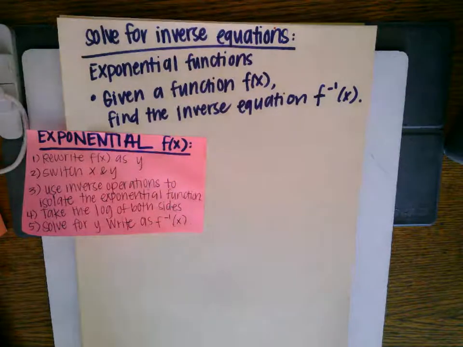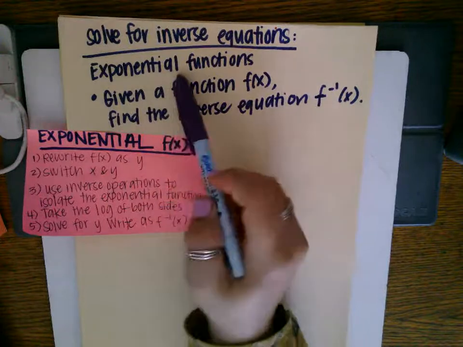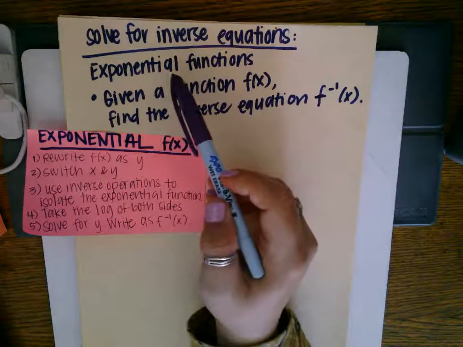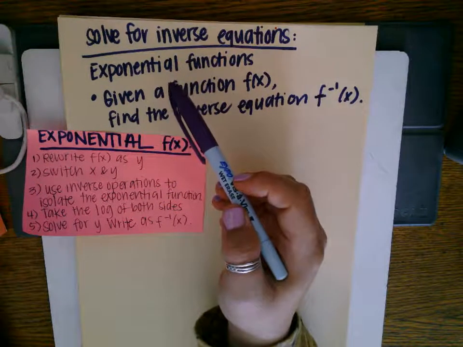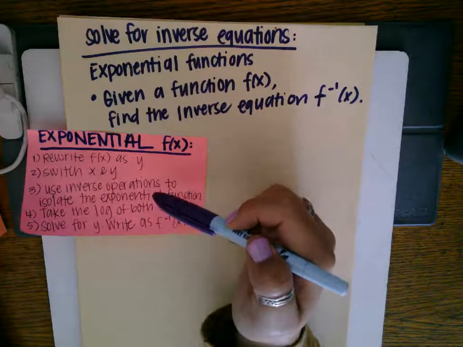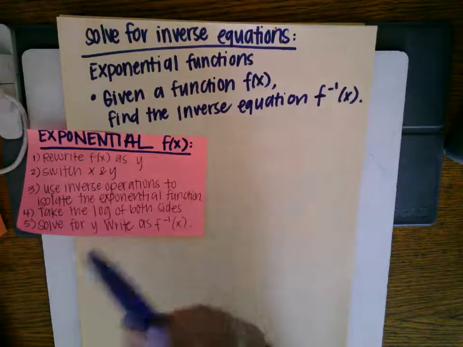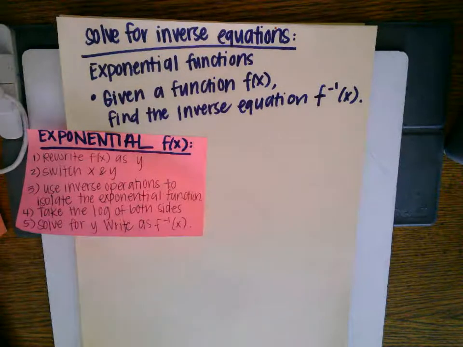And then we're going to use inverse operations to isolate the exponential function part of our equation. Once we have that, it's kind of like solving for an equation. We're going to take the log of both sides and then continue in our journey to solve for y. Lastly, we would convert it back to inverse notation, writing the equation as f inverse of x.